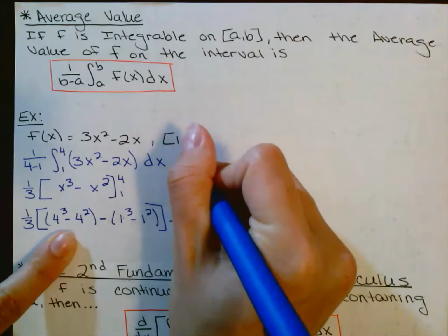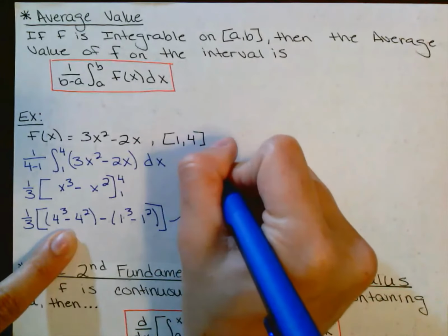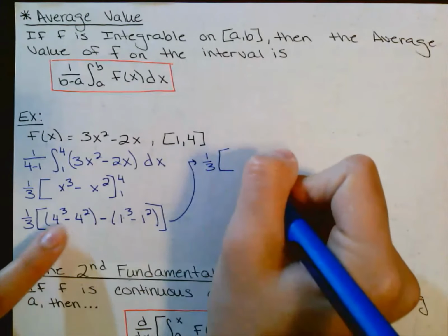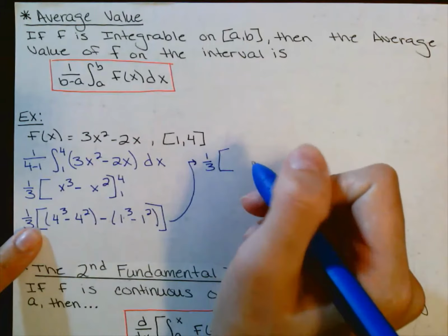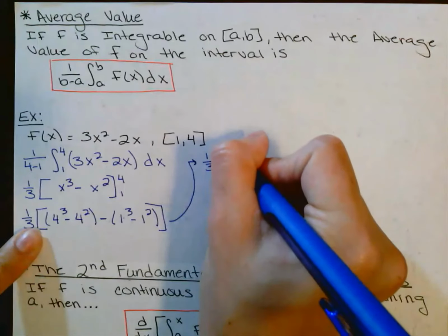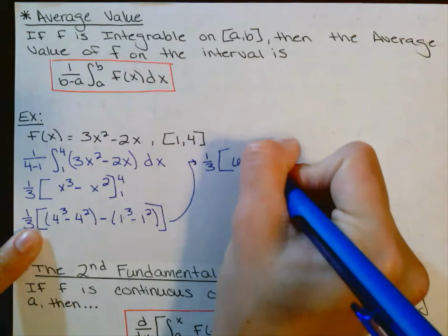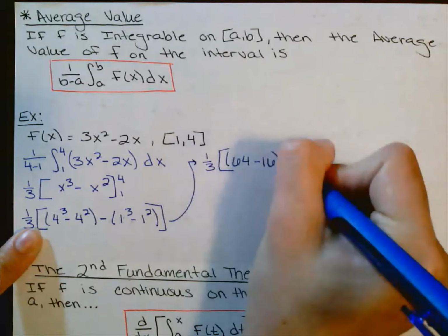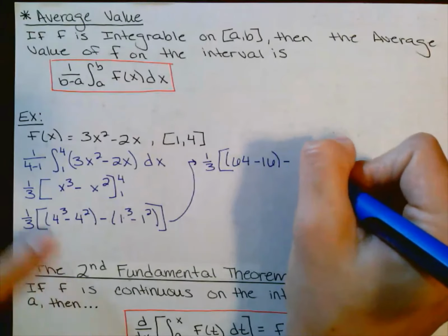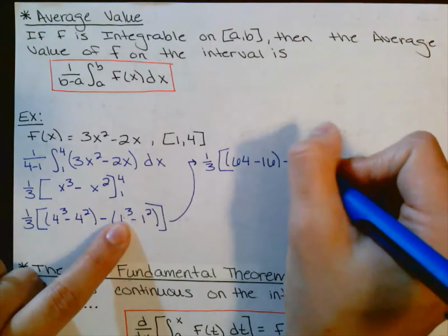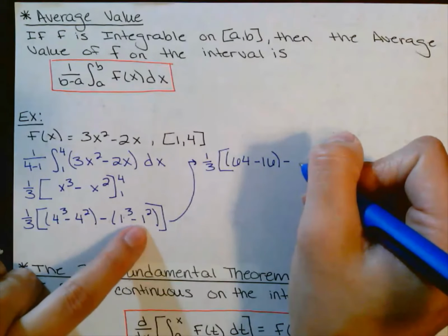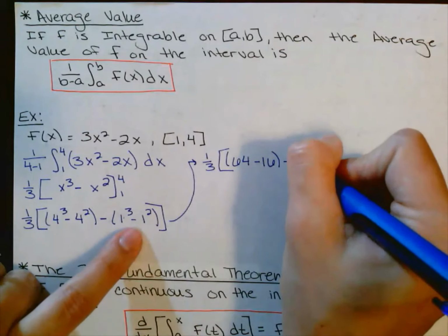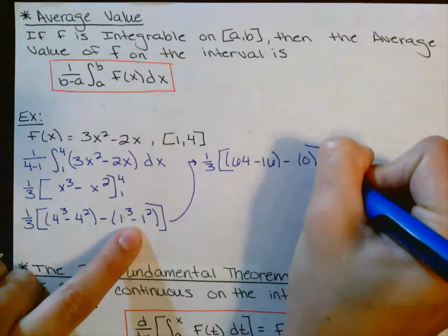I'm going to come up here just to finish cleaning. I have that 1/3. Okay, I have 4 cubed, which is 64, minus 4 squared, which is 16. Okay, minus 1 cubed is 1, minus 1 squared is 1. 1 minus 1 is 0.